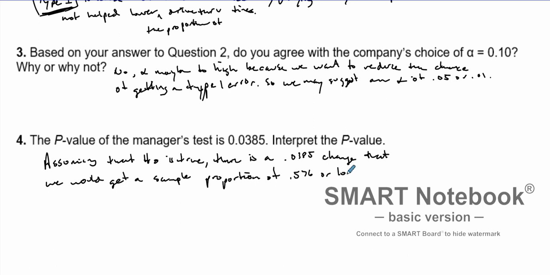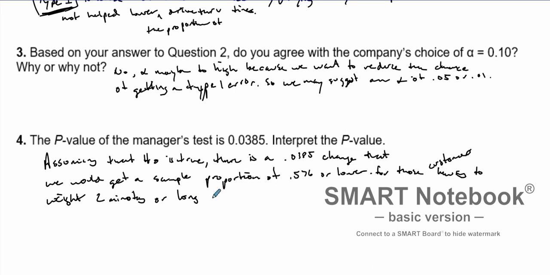So assuming the null is true, there's a chance that we would get a sample proportion of 0.576 or lower for those customers having to wait 2 minutes or longer in the drive-through. Add some context here. And that's what we have.